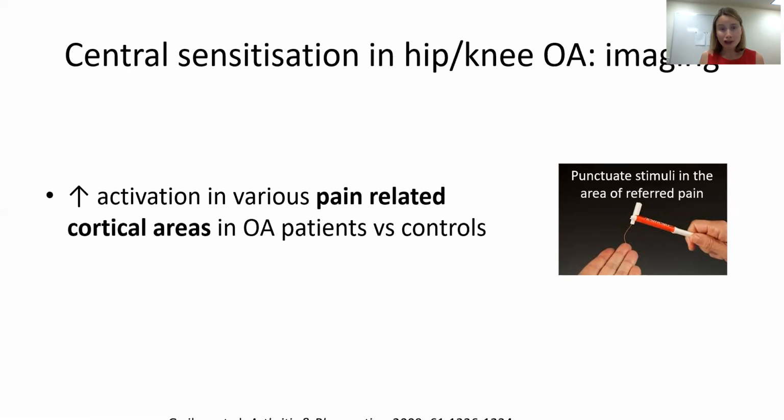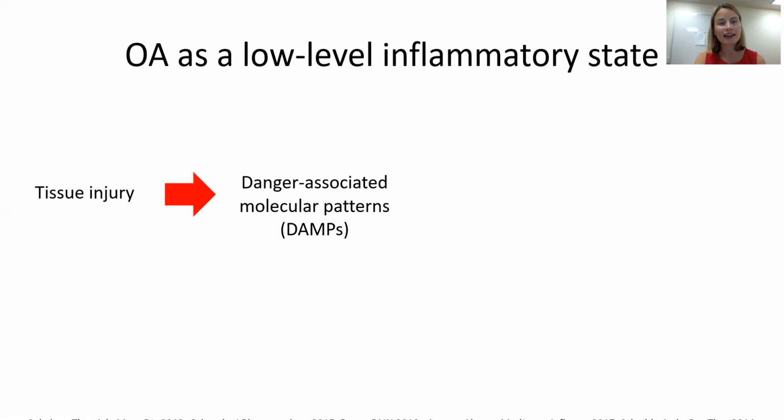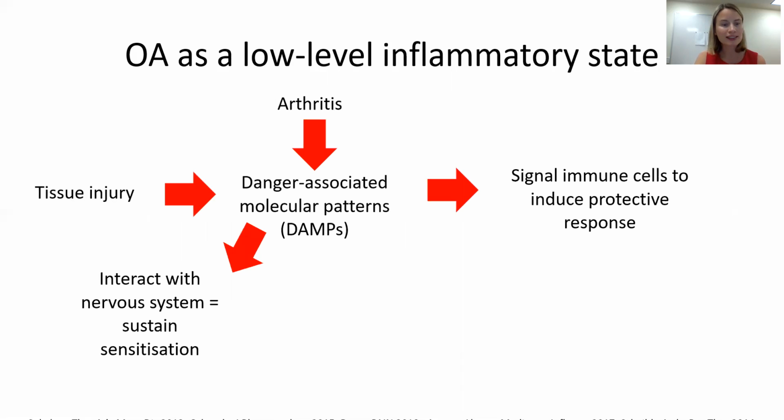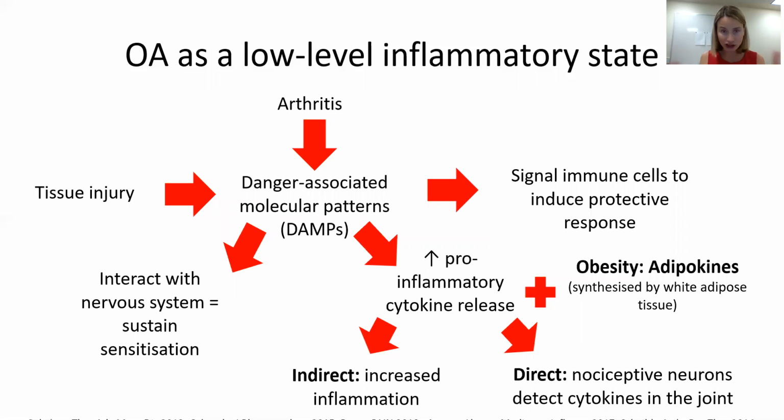Now, it's not just the nervous system. There's growing evidence that osteoarthritis is likely to be a low-level inflammatory state. I'm not going to talk through all of these different things that are going to come up on the slide, but I just want you to appreciate the complexity of the systems that are involved. What this slide tells us overall is that in people with osteoarthritis, there's a shift in their inflammatory balance.